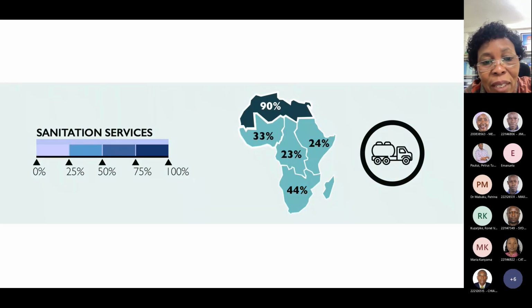And this is a map on sanitation services. Again, North Africa leads, followed by Southern Africa. The rest of the regions are struggling.